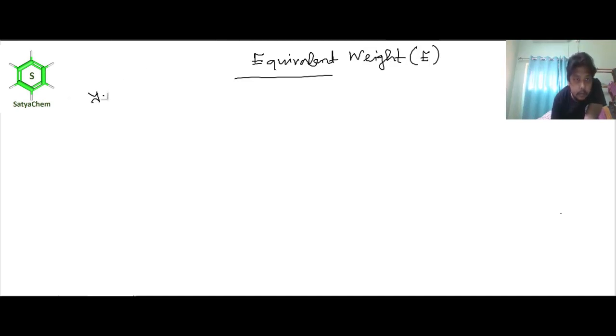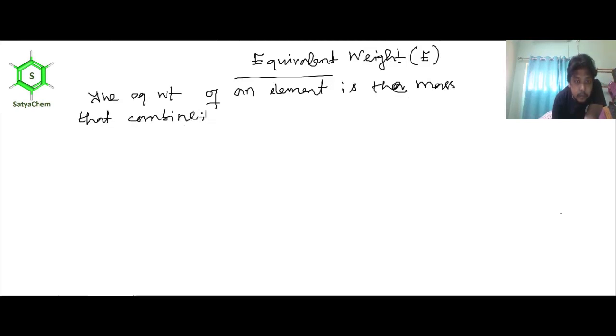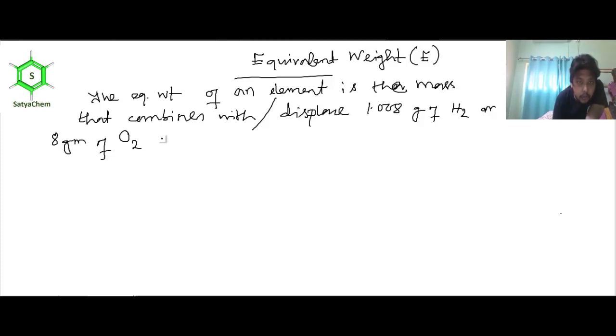The definition is: the equivalent weight of an element is the mass that combines with or displaces 1.008 gram of hydrogen, or 8 gram of oxygen, or 35.5 gram of chlorine.